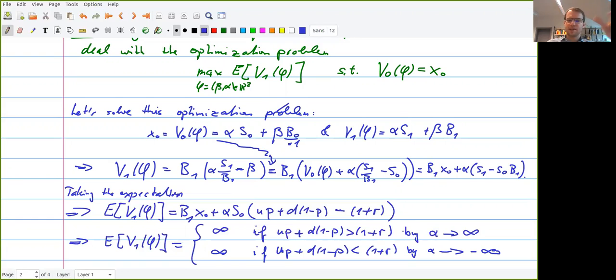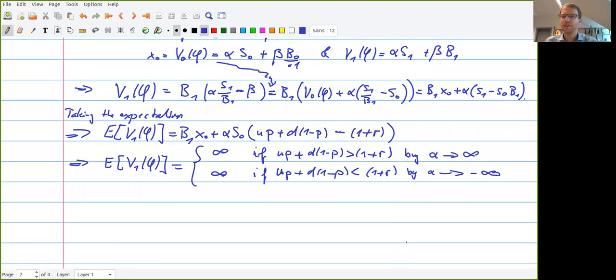But since on average the risky asset is in my favor, I make huge gains on average. I have a downside risk, which means I could lose a lot of money as well, but so be it.